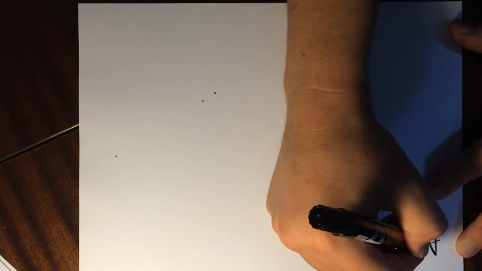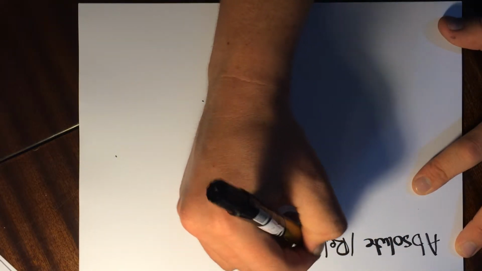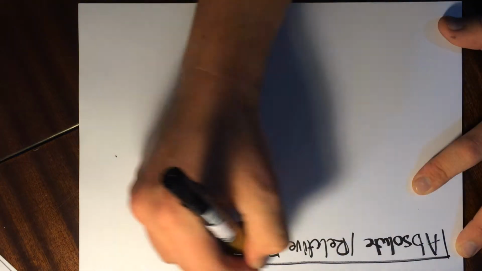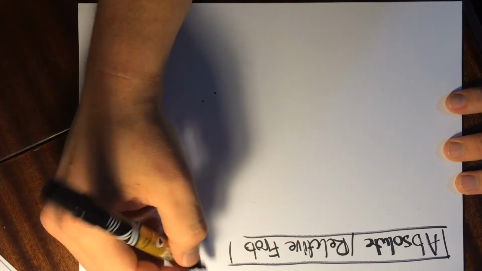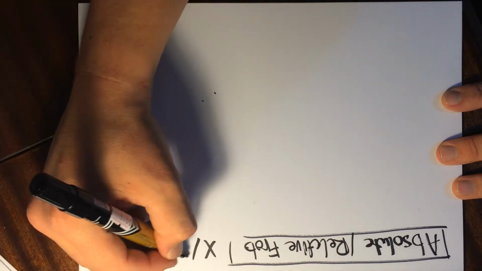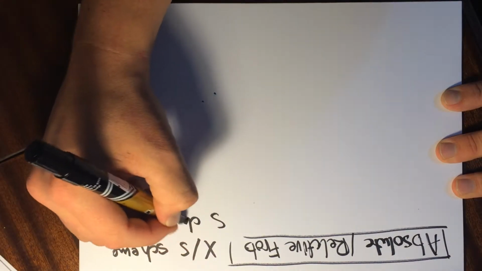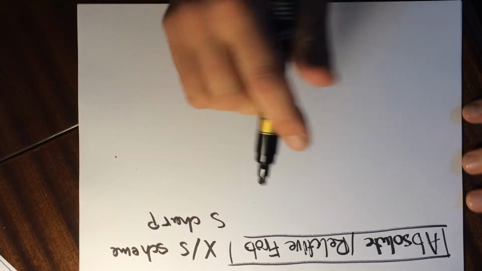Okay, so I'm going to continue with this relativization and talk about the absolute and relative Frobenius. In the special case when, let's take X, a scheme, and let's say S has characteristic P. So the structure sheaf has characteristic P, or it's defined over a characteristic P field.